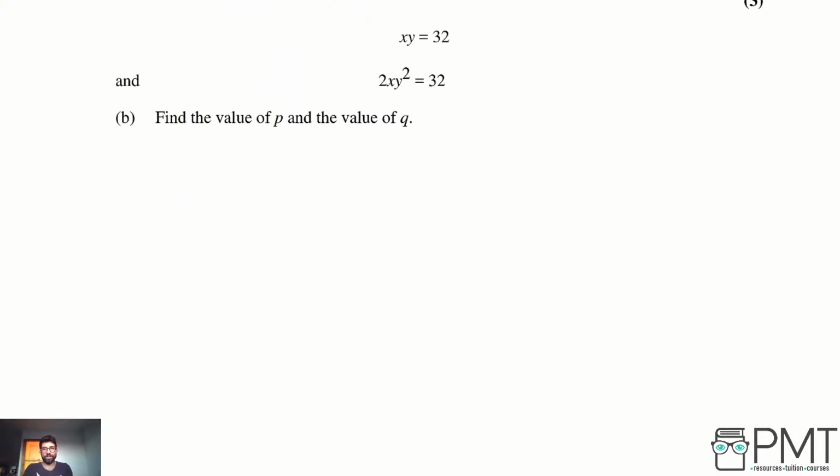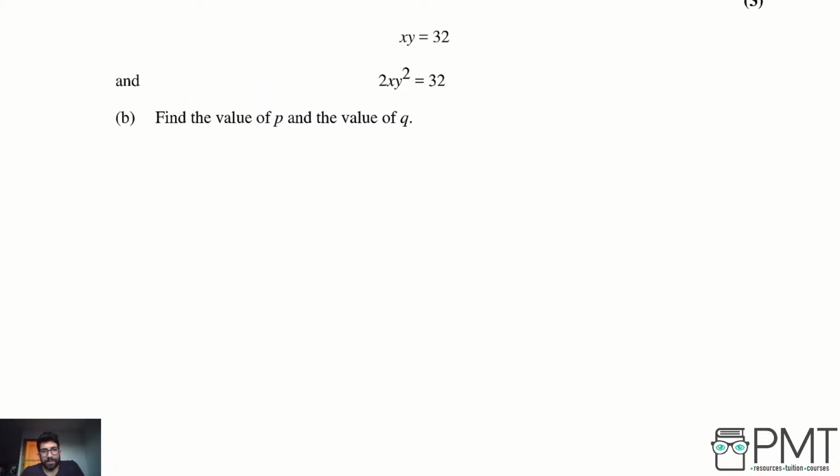We are given two equations, and you want to find p and q. They're simultaneous equations, and you want to solve them together. Since you are after p and q, what would be your first step? You're given some information in x and y.